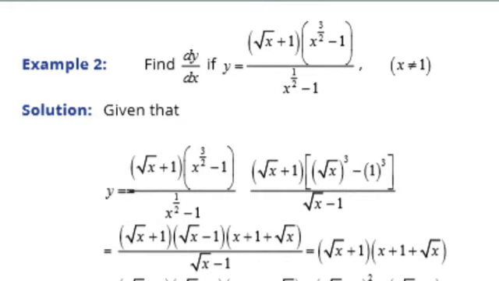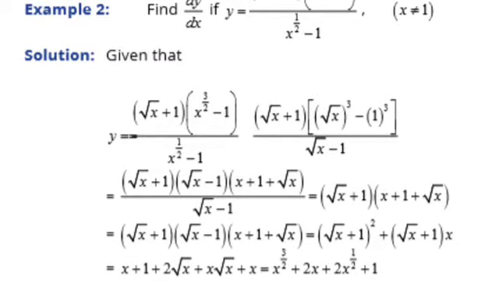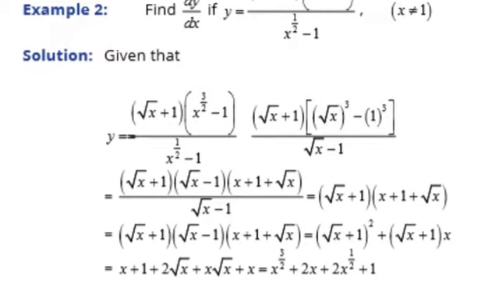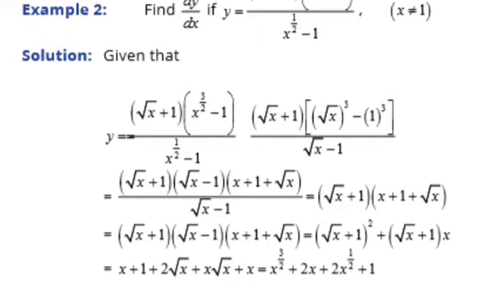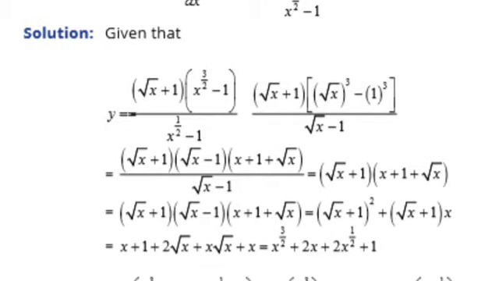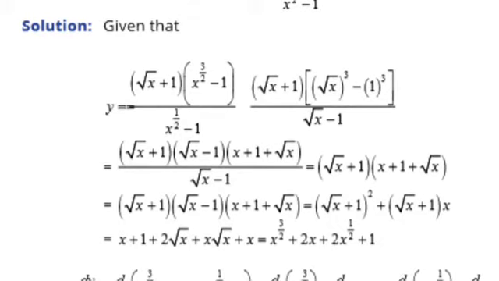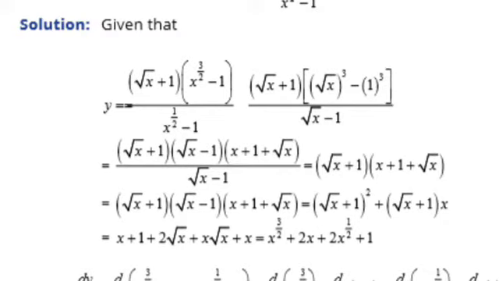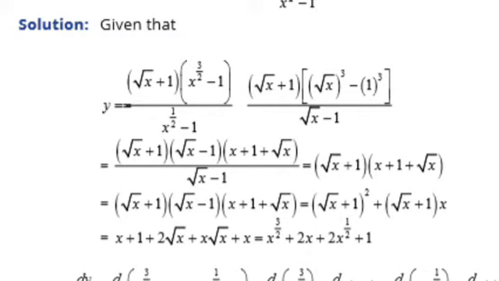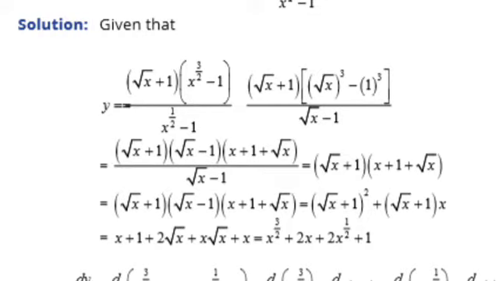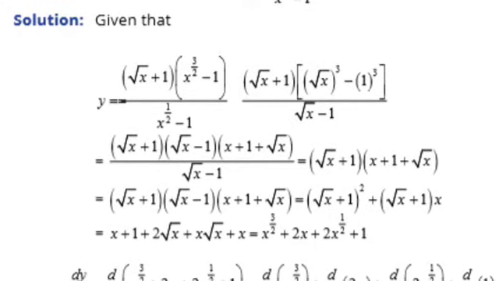Now, an example. We first simplify these values. In the second bracket in the numerator, we can apply the formula a cube minus b cube. x to the power 3 by 2, when we write it as a whole cube, becomes square root x cubed, and on 1 we can write 3, and the second bracket becomes a minus b, a square plus b square plus ab. We multiply the first two brackets, or we cut the numerator, square root x minus 1, by the denominator.